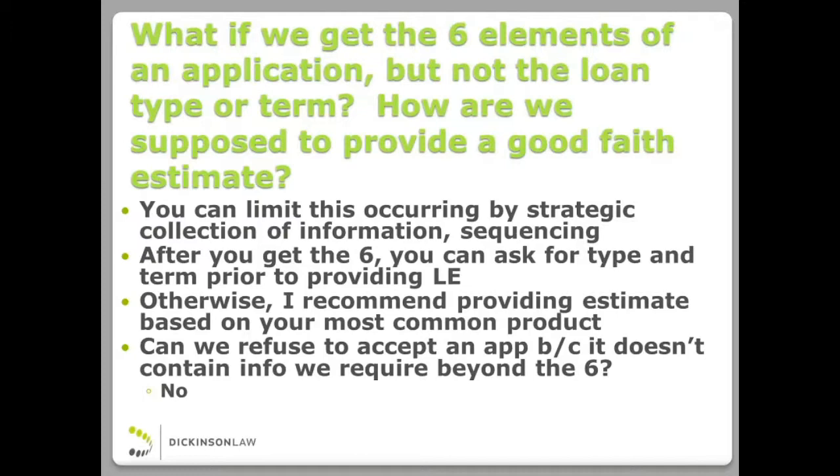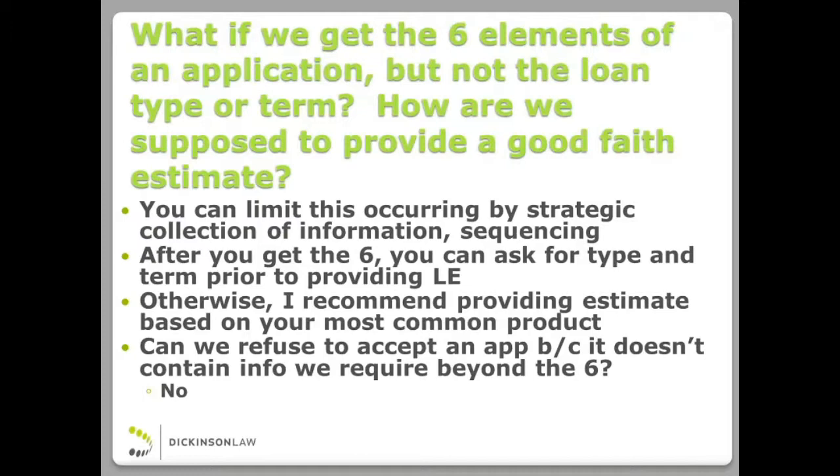Up above, I said you can ask for the loan type or term as part of the sequence, and you can ask for it after the fact even, but you can't require them and withhold the ability for them to submit the magic 6 bits of information on the basis that they're not providing things like the loan type or the term.